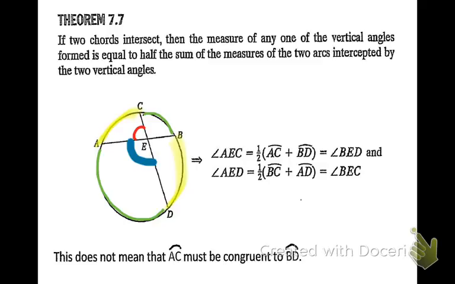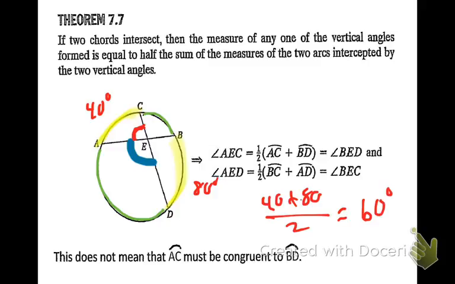So if this was 40 and this was 80, to find this angle, AEC, we would take 40 plus 80 divided by 2, which is equal to 60 degrees. All right, any questions there? Okay.